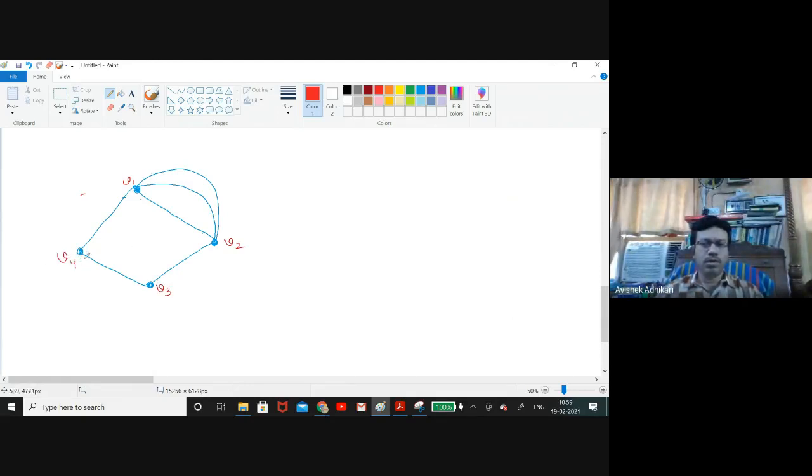I need to solve this problem. Suppose you start from any of these vertices. You need to explore all the edges exactly once, and you need to come back to this position once again, and you cannot lift your pen from the paper. That means you should start from here, explore all the edges exactly once, and come back to v1 once again.